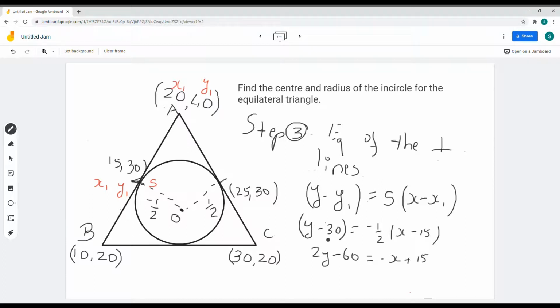All I've done is I've opened the brackets and rearranged the denominators. So I'll bring this in the form of maybe y equals mx plus c, so the standard form. So what I'll do is I'll first write this as 2y equals -x plus 75.